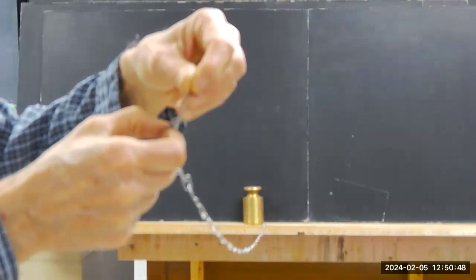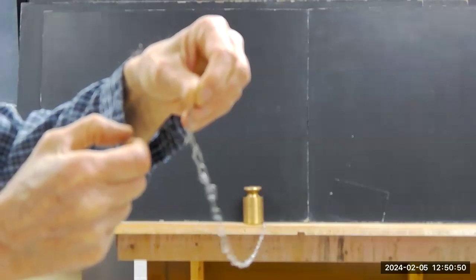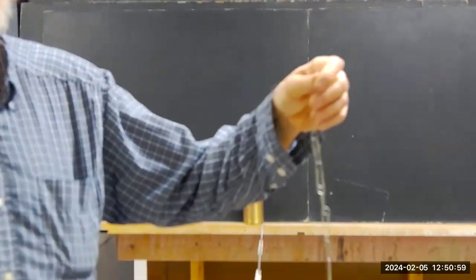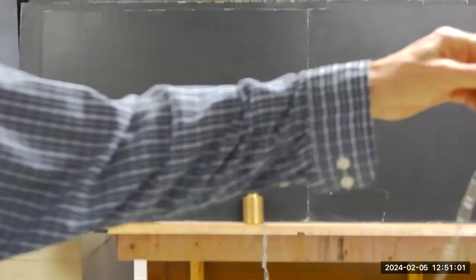If I let this chain go pretty slack, it happens a little more slowly. Now this chain consists of paper clips, each paper clip about a gram.